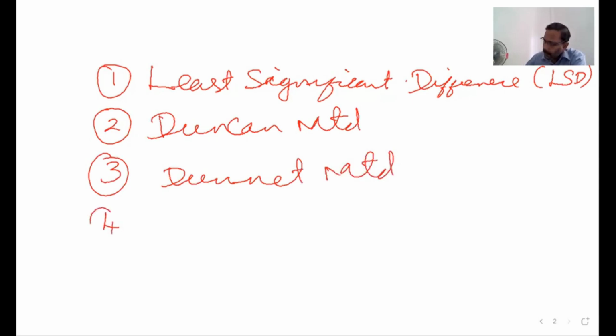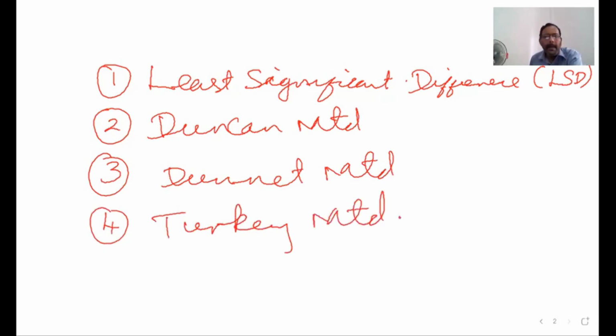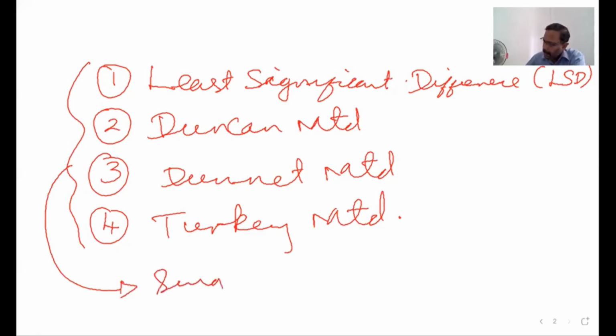The fourth one, the Tukey method. So all these methods are based on single comparison.